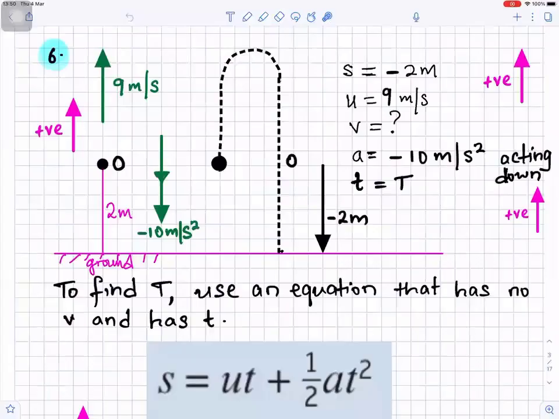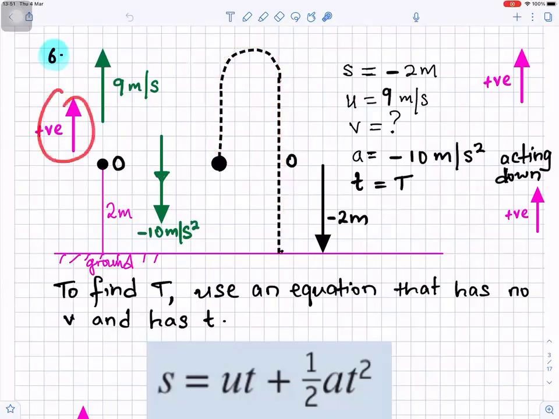So for question number 6, that's when you start throwing the ball at that height of 2 meters above the ground, and that's the ground level, and it goes to the top and it comes down.